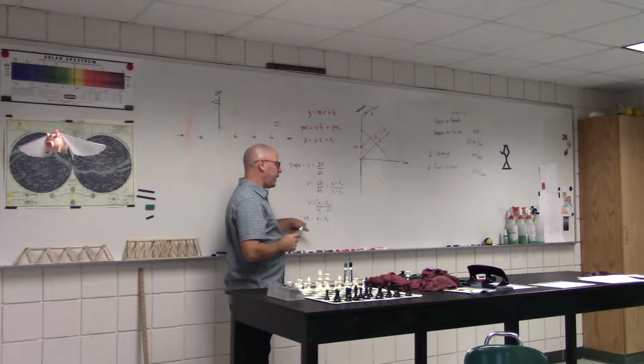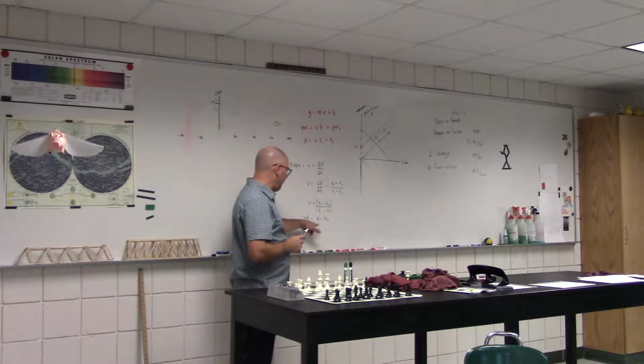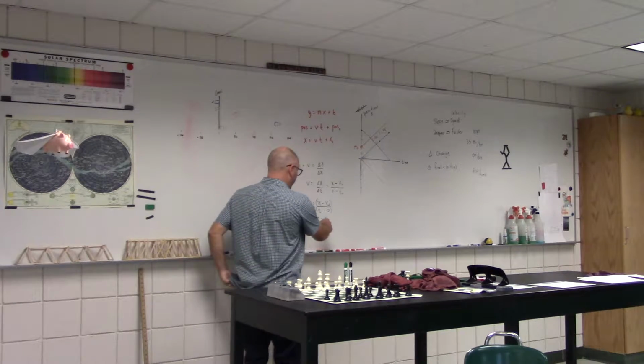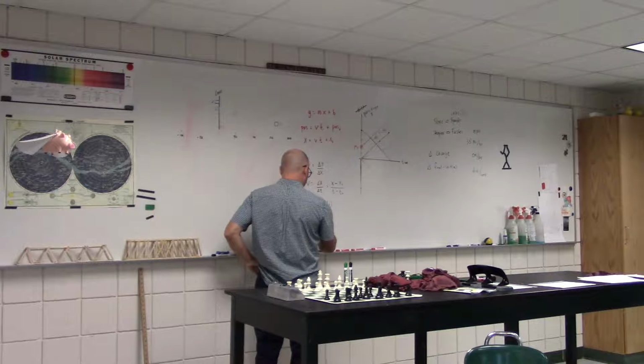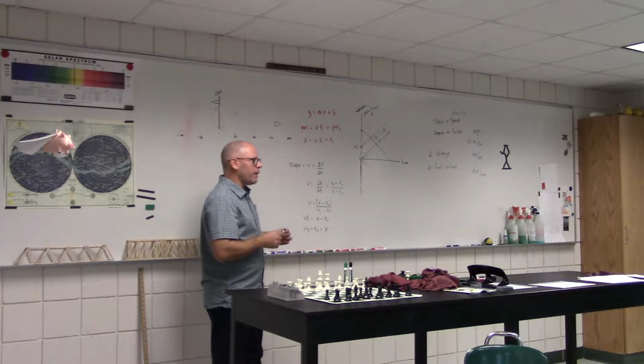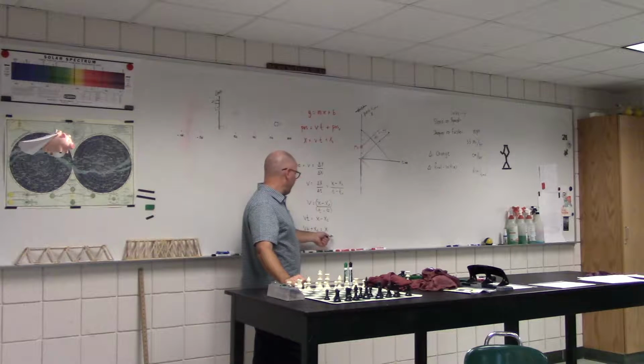Then I'm going to add this x0 to both sides, and I end up with vt plus x0 is equal to x. And what that means is that if you want to find the position of your object, you take the initial position and you add on this vt.